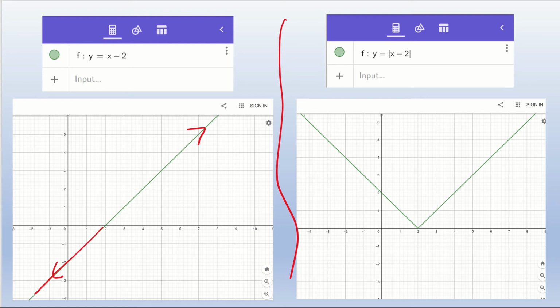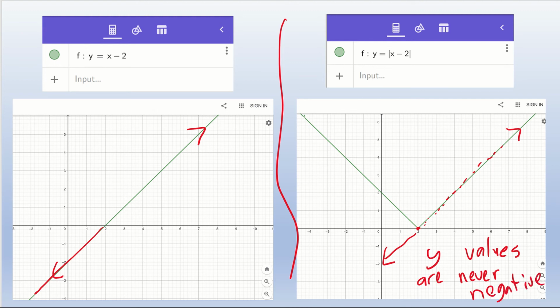However, your graph on the right hand side, so over here, goes all the way up to the top right, but as it starts coming down here, you notice it hits the x-axis and then reflects upwards. So you'll notice that the y values are never negative.